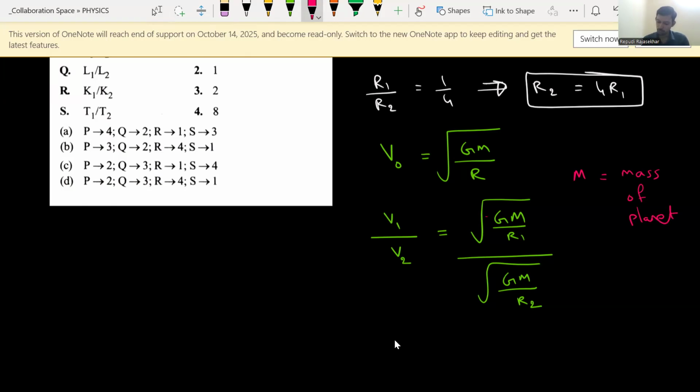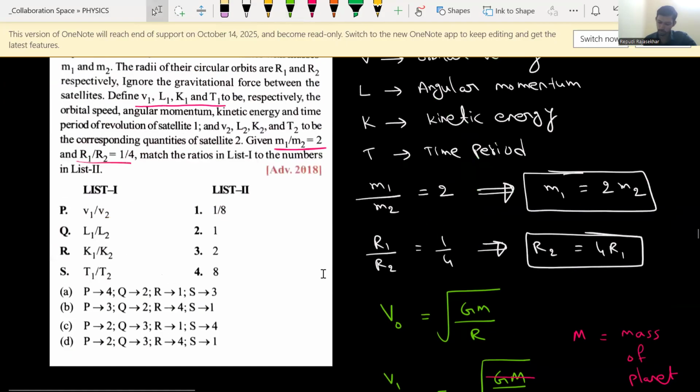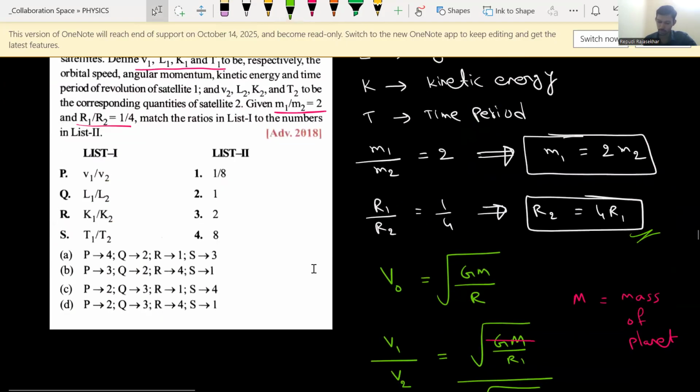So GM is constant, both are the same, we can cancel. So v1 divided by v2, how to write it? Then reciprocal of the radii. v1 by v2 equals square root of r2 by r1. The relation between R2 and R1 is given. What is the R2 value here? R2 is 4 times R1.